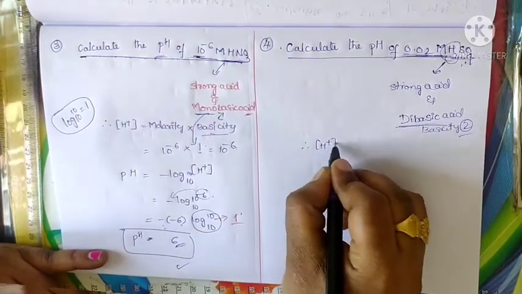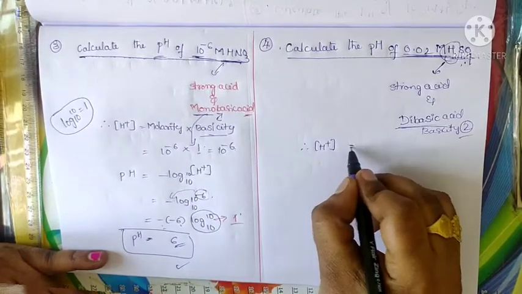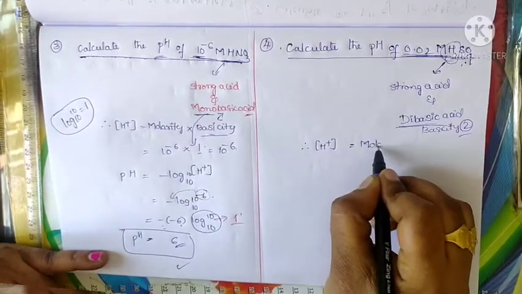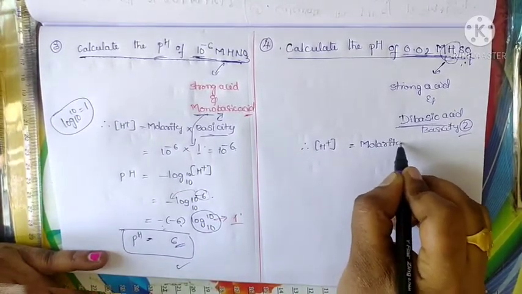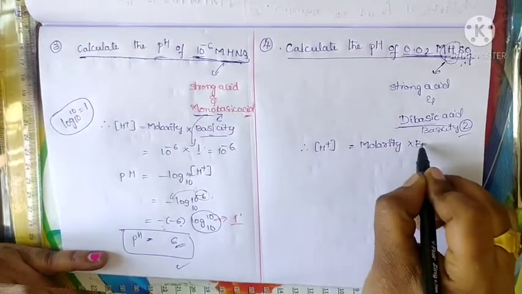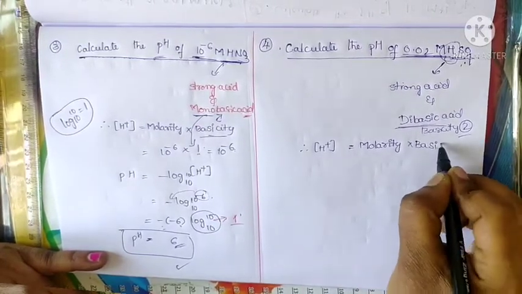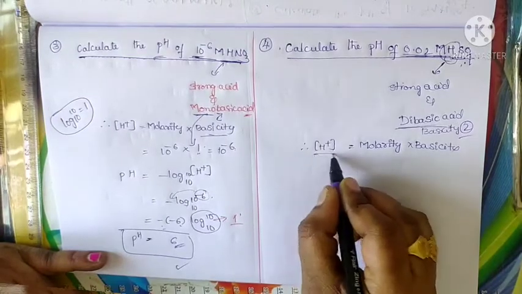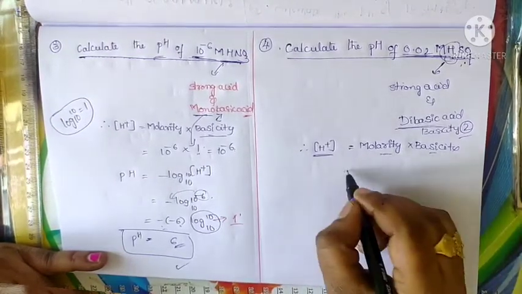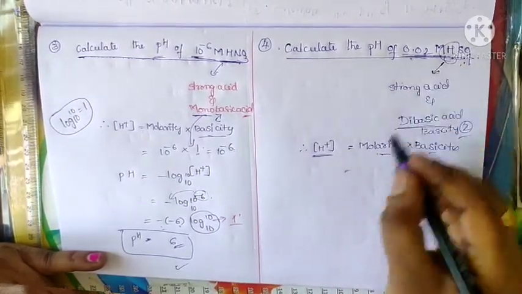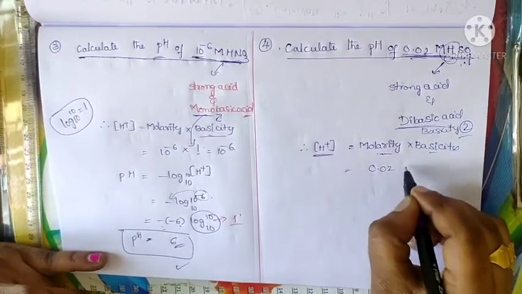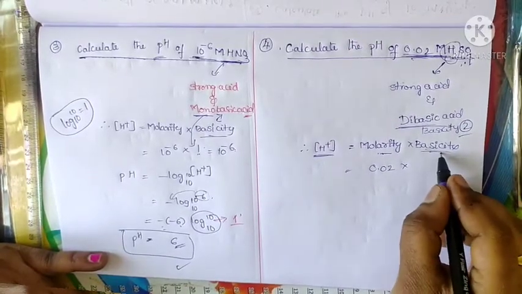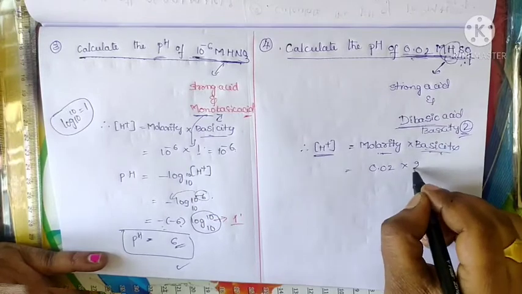And now we are calculating the concentration of H plus ions, that is equal to molarity into basicity. In this problem, the molarity is 0.02 and the basicity of H2SO4 is 2.